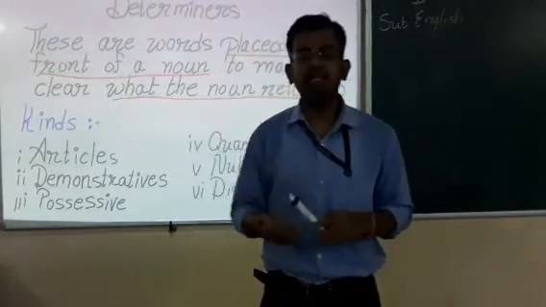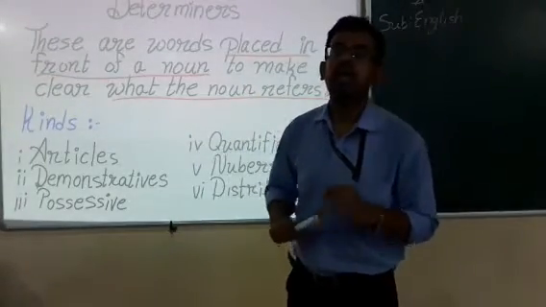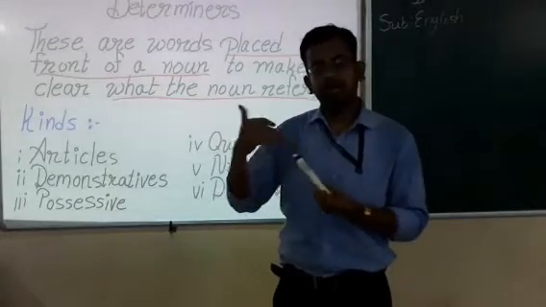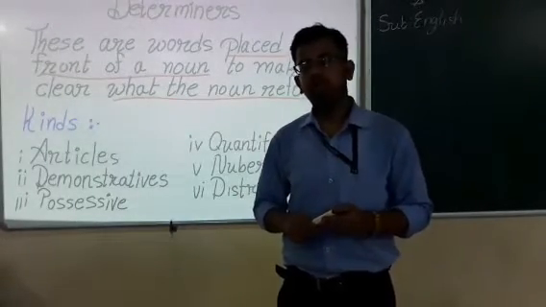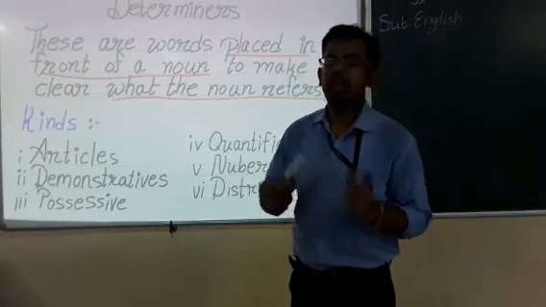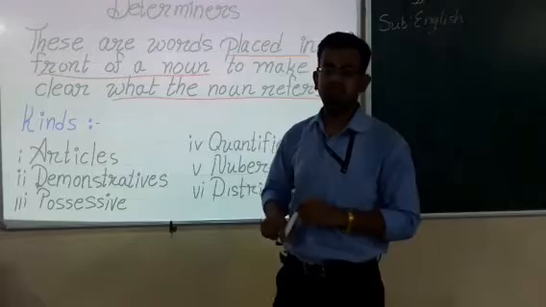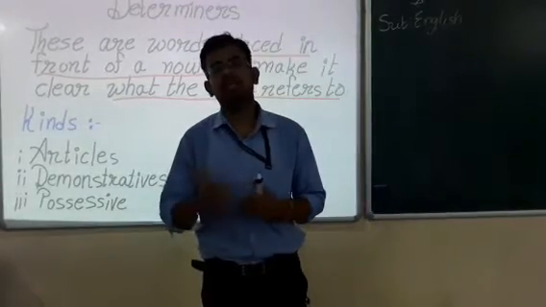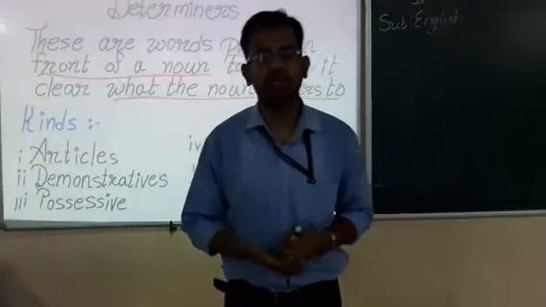There are different kinds of determiners, and in this topic we will try to cover 6 important determiners. First one is articles, which we have been learning since class 3.